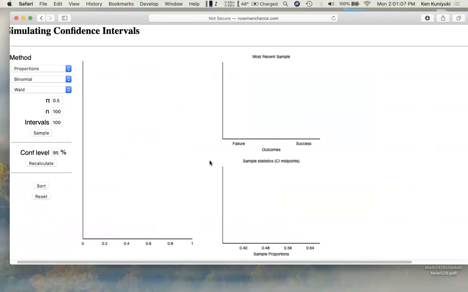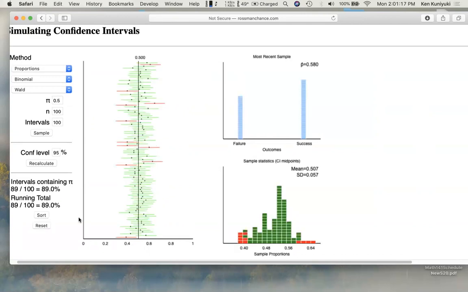Let's redo this experiment. We can tell the 100 people, hang on, let's do it all again. Let's get another set of 100 confidence intervals. Let's do another sample. This time, for a sample of 100 confidence intervals, only 89% of them contain the true value of p or pi. So we had a much smaller success rate here.